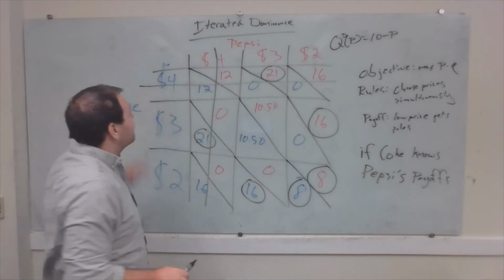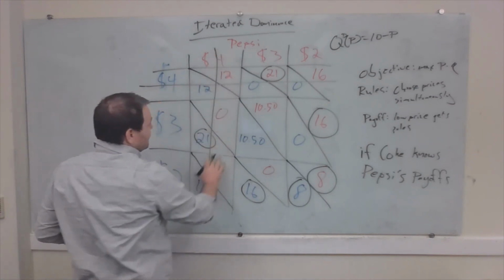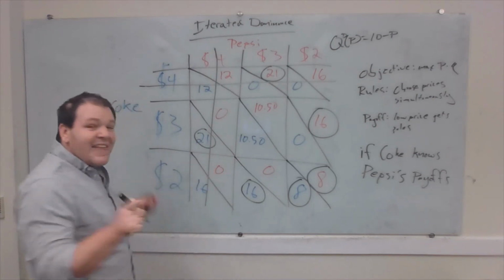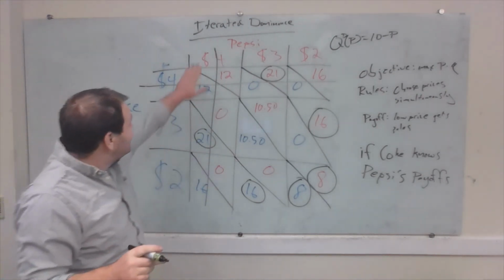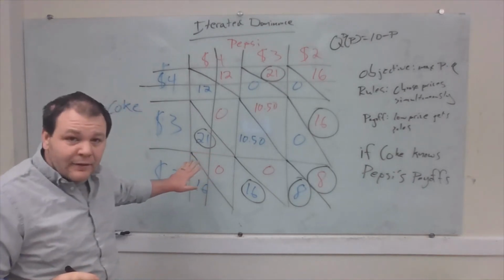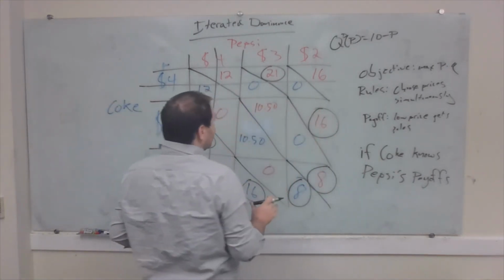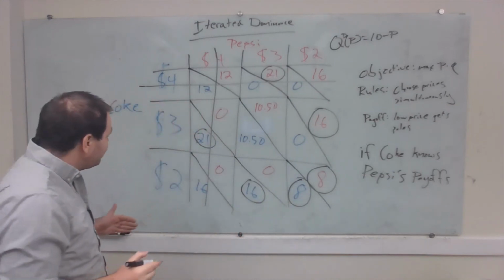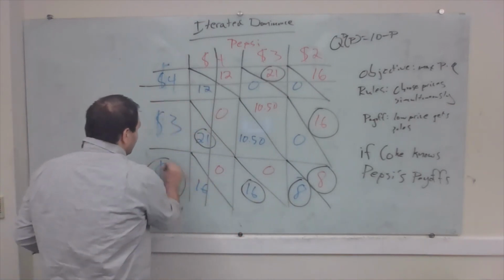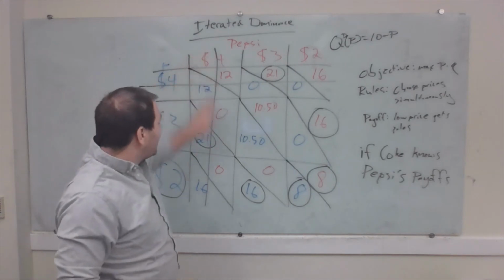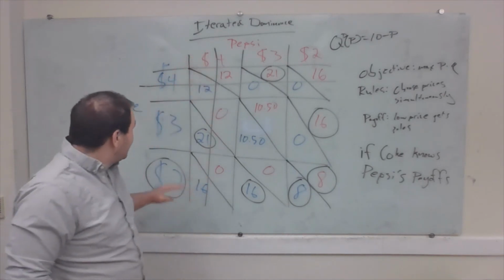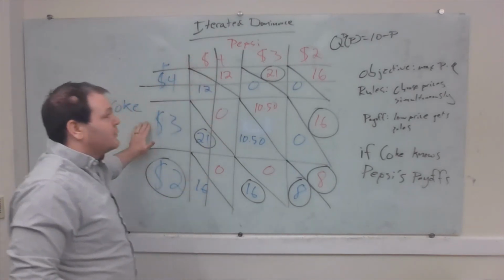So Coke can forget all about this column here. And in that case, if Coke knows that Pepsi's $4 choice is dominated, then Coke's only going to consider these two choices, $3 versus $2, and it'll be totally clear to them that $2 has to be the better move. Once we disregard the possibility of Pepsi charging $4, then $2 strictly dominates $3.